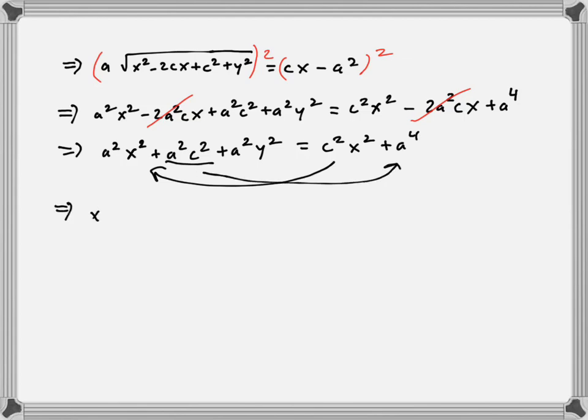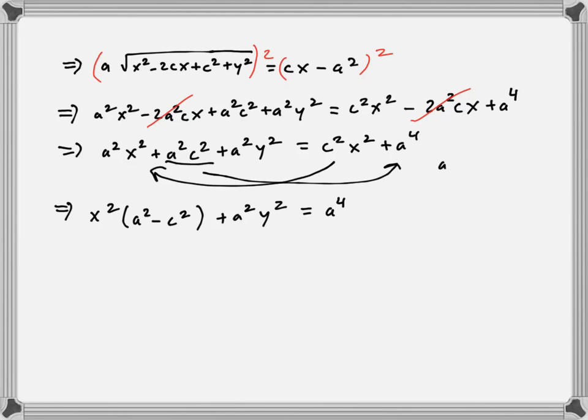If I take the x squared out, I'm left with a squared minus c squared, plus, and then I have an a squared y squared. And this is equal to, if I move that a squared c squared to the other side, I end up with a to the fourth.